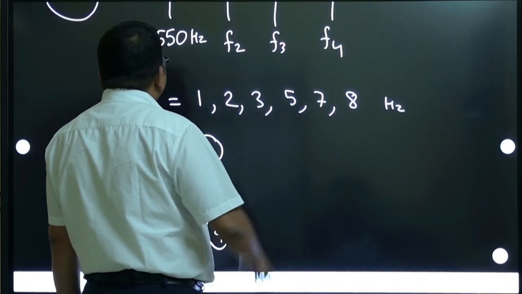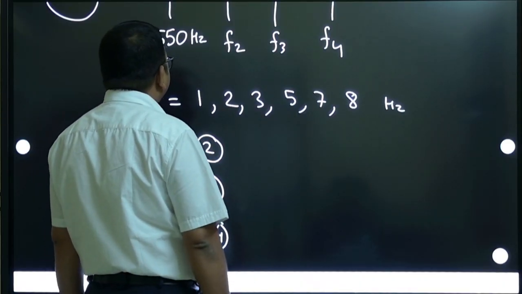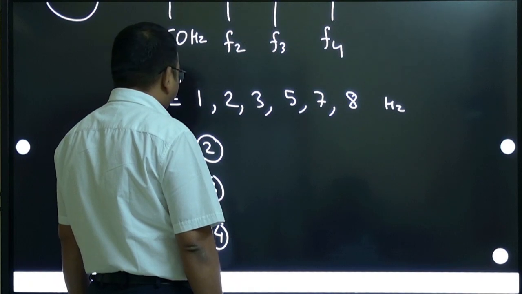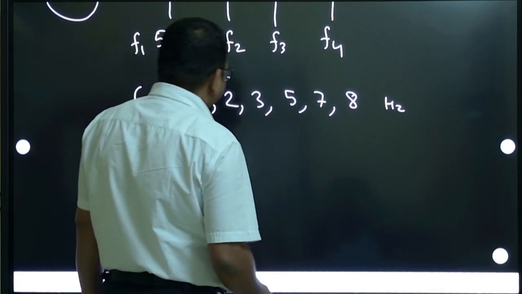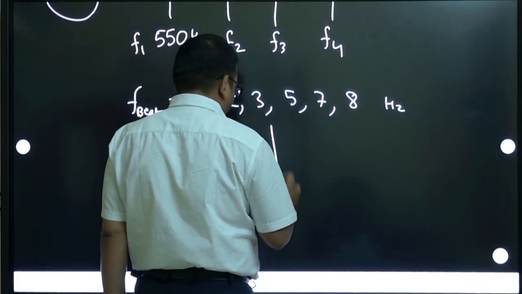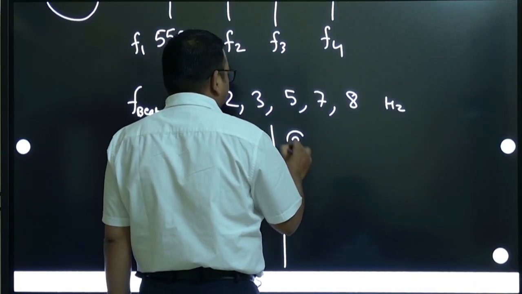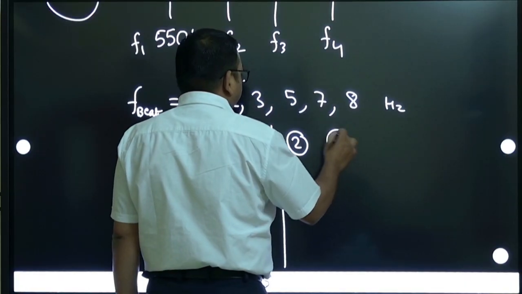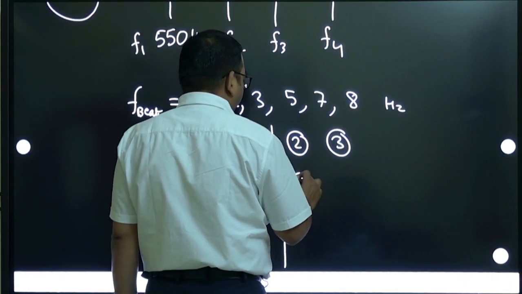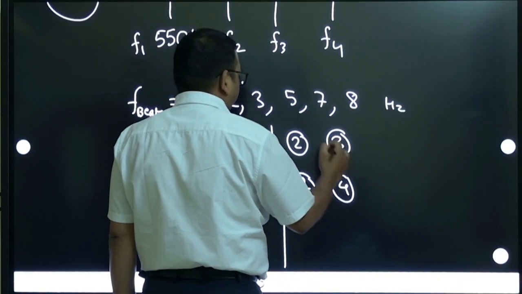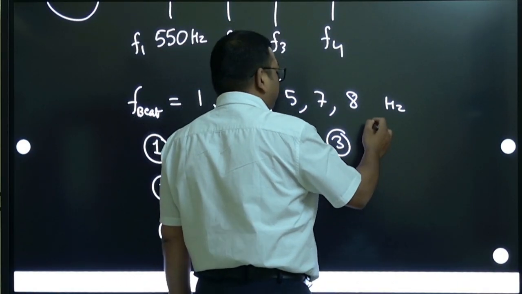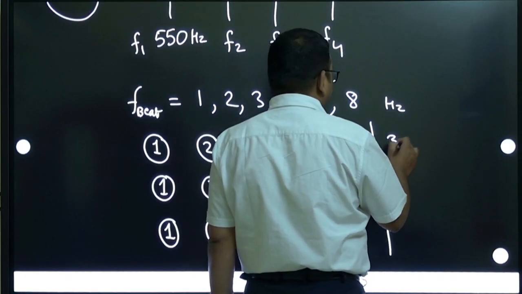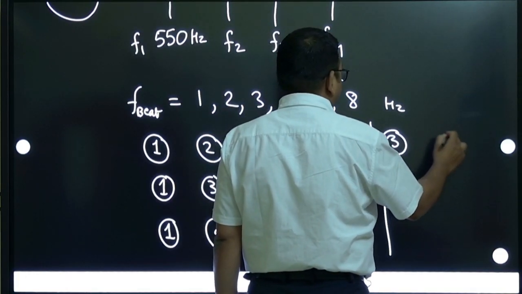And first is 550 hertz. Let us check what groups are possible. Then second we can group with third, second with fourth, then third with fourth.